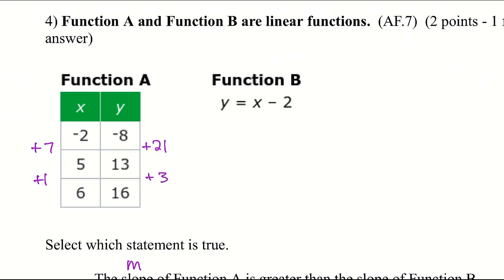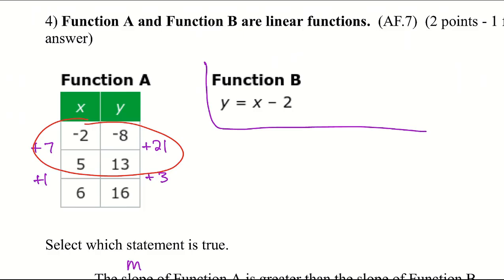The thing is, if you look at 2 of these and you take your change in y over change in x, you're going to get 3, right? Here's what I mean. If I took these two, and I took, to find the slope, the change in the y values divided by the change in the x values, it's 21 over 7, which is 3.